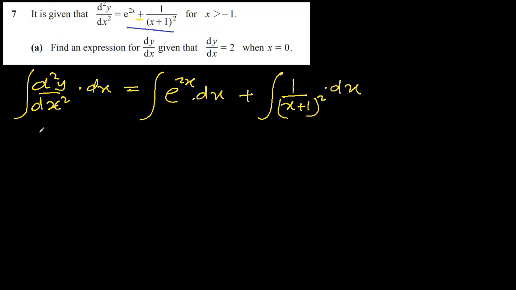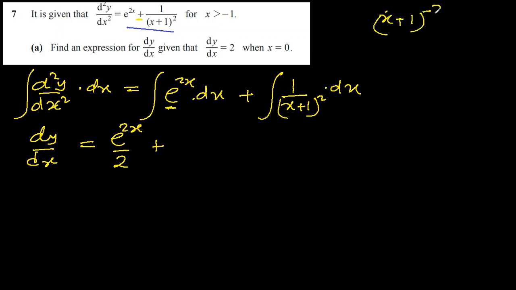So the integration of d square y over dx square will be dy over dx, that's what they want, equal to integration of e to the power 2x will be e to the power 2x itself, but divided by the differentiation of the exponent, which is 2. Plus, can I write this one as (x plus 1) to the power minus 2? And we'll integrate this one.